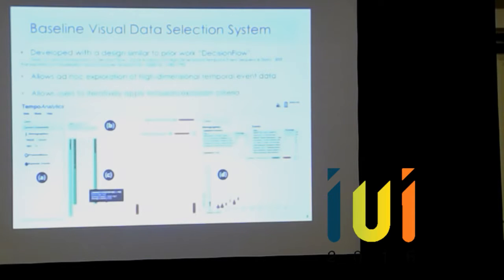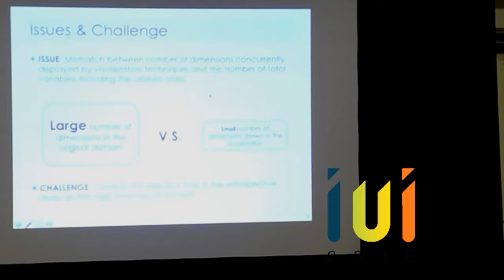So although with direct manipulation as well as the visual query here, the cohort selection can be much faster and more intuitive, there still exists one problem. Even with the most advanced visualization technique, the number of dimensions that can be shown at the same time is still very limited, much smaller compared to the number of dimensions that exist in the original dataset.